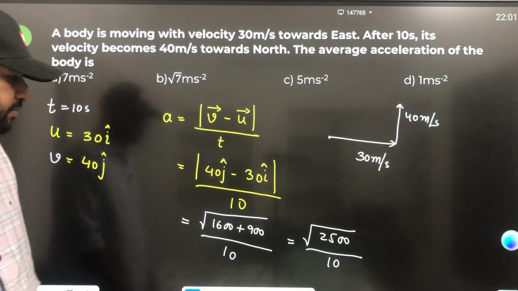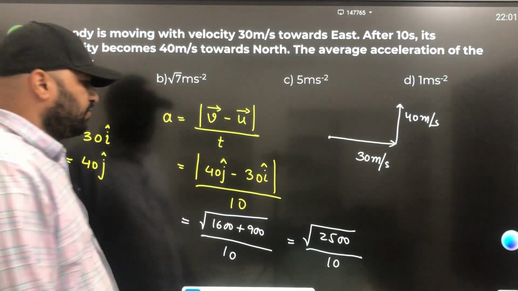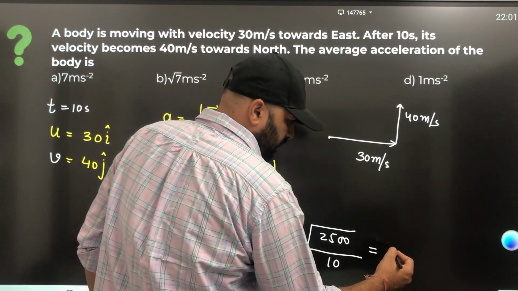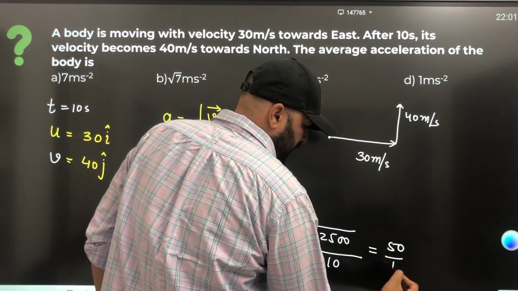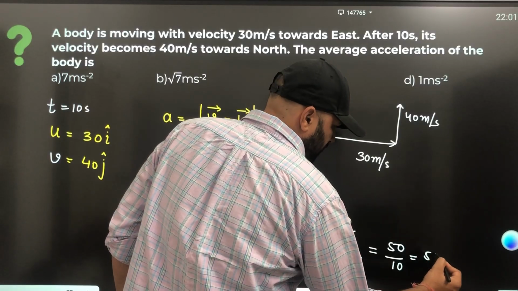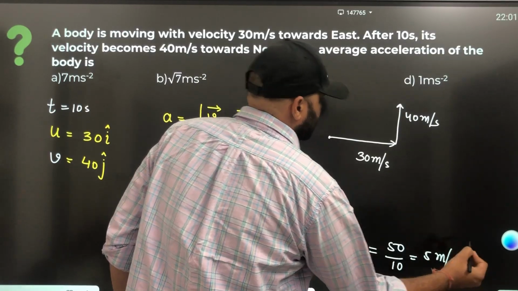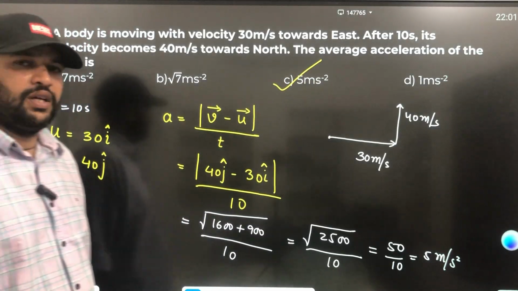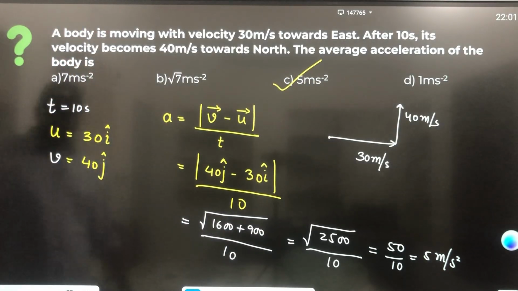Now root of 2500 is how much? 50 upon 10, and that is equal to 5 meter per second square. I hope this is clear, and that's option C. This is the average acceleration of the particle.